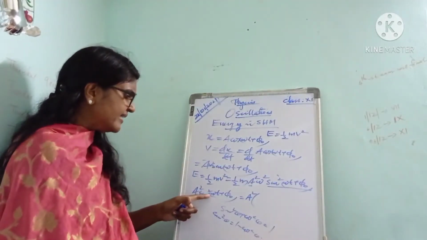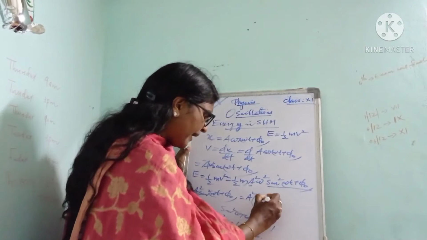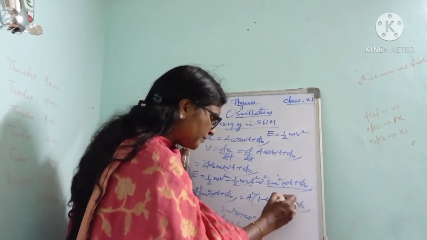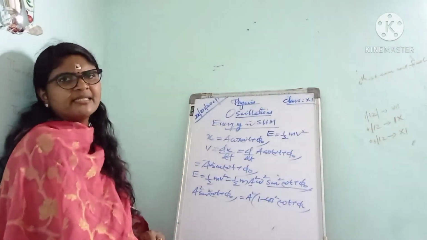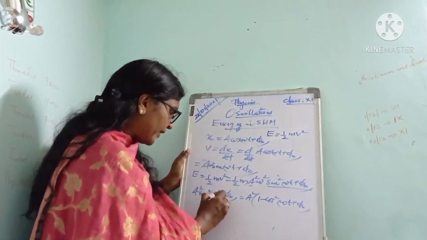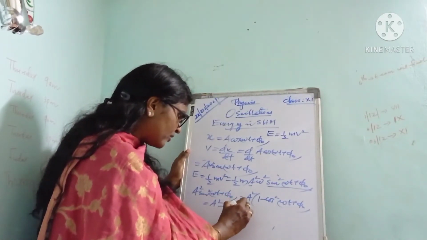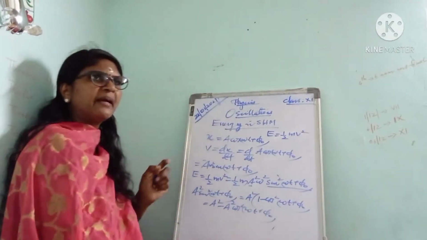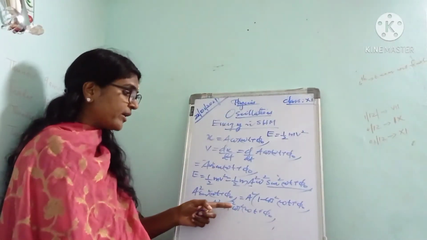Similarly, we can write sin squared(omega t plus phi 0) as 1 minus cos squared(omega t plus phi 0). Then A can be put inside, giving A squared minus A squared cos squared(omega t plus phi 0).